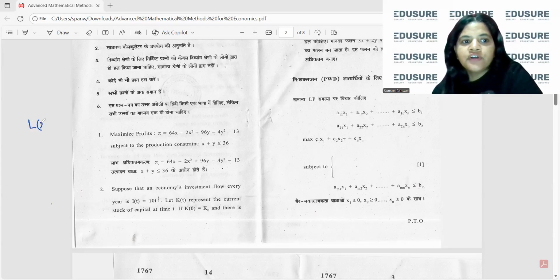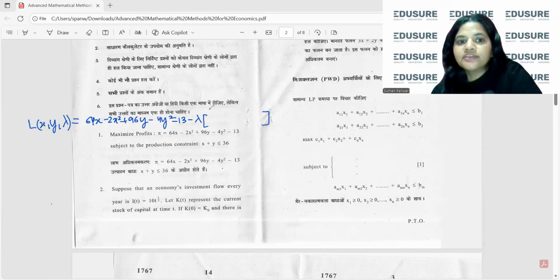L(x, y, lambda) will be equal to my profit function 64x minus 2x square plus 96y minus 4y square minus 13 minus lambda, and what is my constraint? g(x, y) less than or equal to 36. So by g(x, y), which is x plus y, you have to bring 36 with a negative sign inside this. So this is my Lagrange's function if I want to maximize this profit.